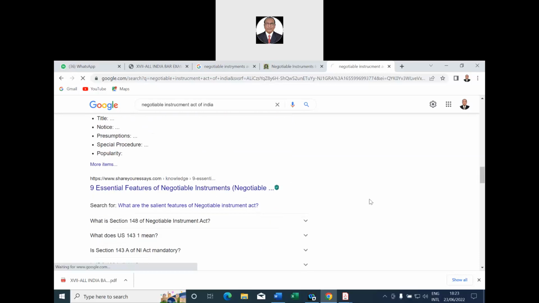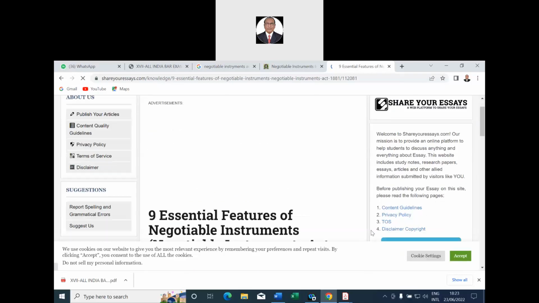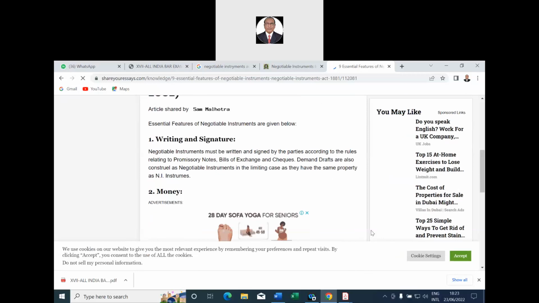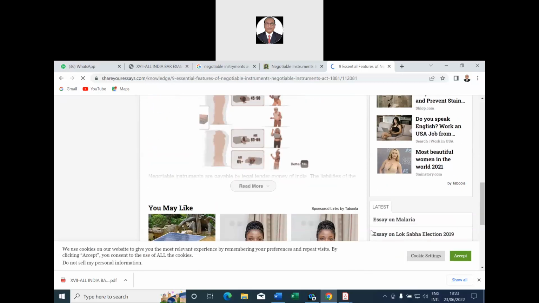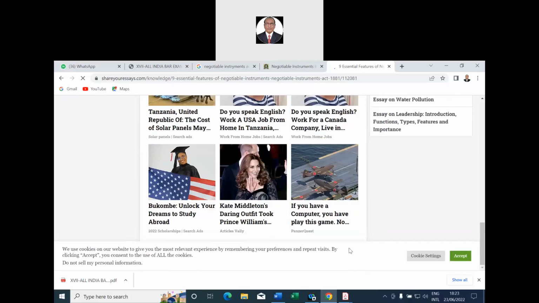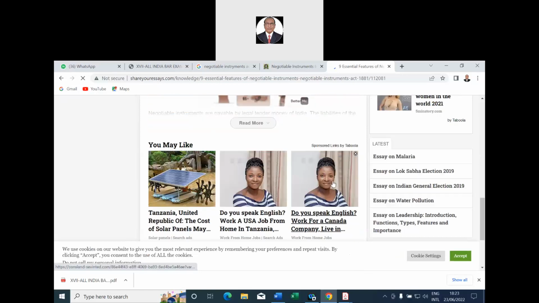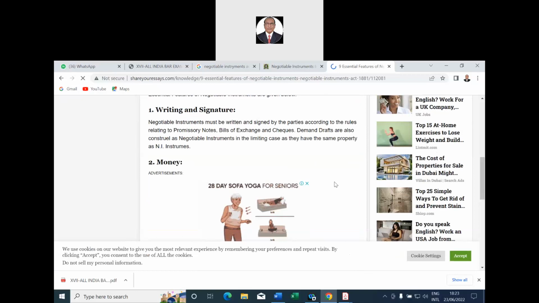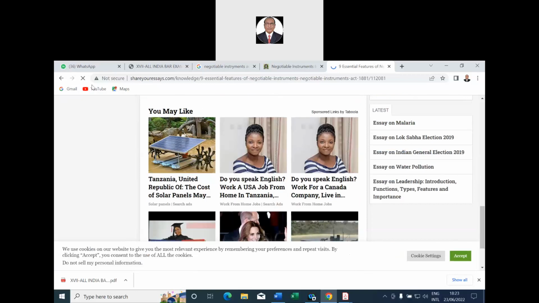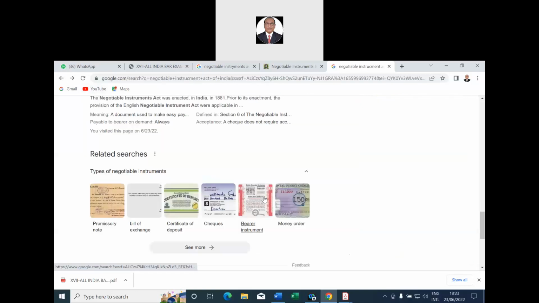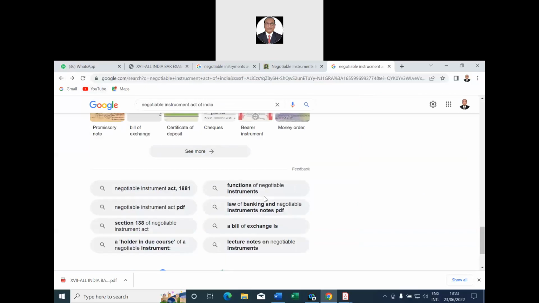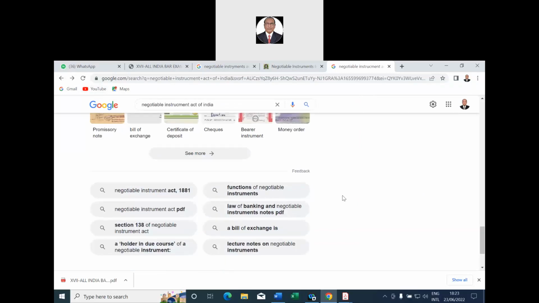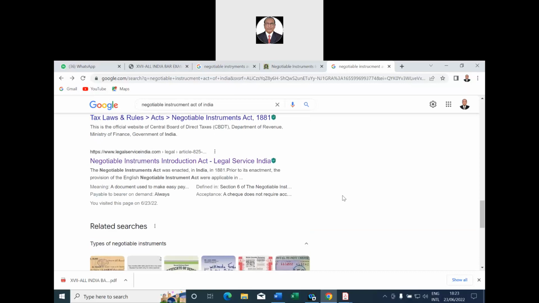If I frame a question asking which one is not an essential of a negotiable instrument, writing and signature is number 1, money is number 2, and number 3 is, let me scroll down. Why is it not showing? Because it is clearly mentioned earlier. These are the certain Negotiable Instruments Act sections.